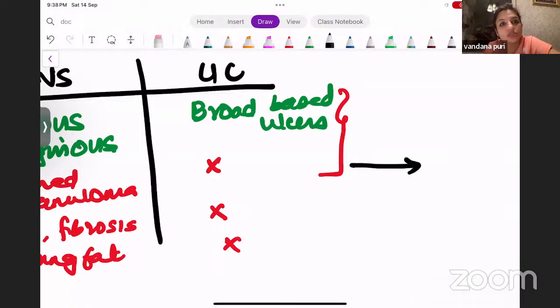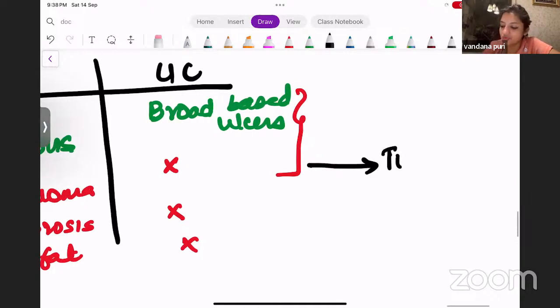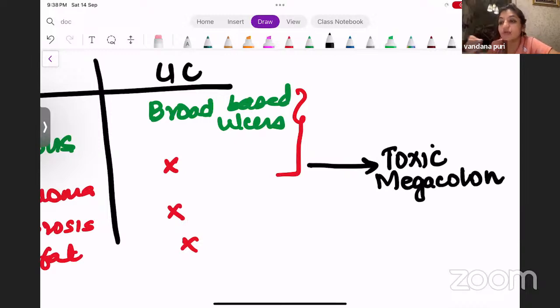Damage to the ganglion cells leads to a change which occurs in ulcerative colitis, called toxic megacolon. Why is it called toxic? Because of a lot of inflammation, causing toxicity, and because of that the ganglion cells are damaged. So it becomes megacolon, dilated like Hirschsprung disease. That is why it is called toxic megacolon, which is a very classical feature of ulcerative colitis.